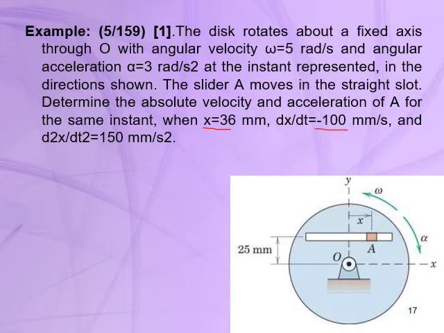dx/dt, or the velocity of this slider, is minus 100 millimeter per second, and the acceleration, or d2x/dt squared, is equal to 150 millimeter per second squared. So according to this given data, we can conclude that the position is on the right hand side of the y-axis, and the velocity is in the left direction, because here we have one negative, so the velocity will be negative.